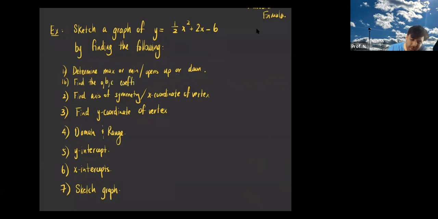So then everything else kind of falls into place. So that's the first order of business here. What are the A's and the B's and the C's? So the A here, what do I get? I get that A is equal to 1/2. I get that B is equal to 2. And I get that C is equal to -6. So that's important to highlight. That's the first thing I can actually get without much issues.